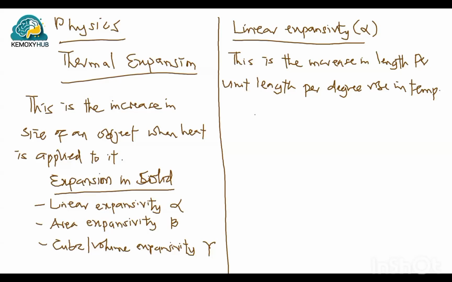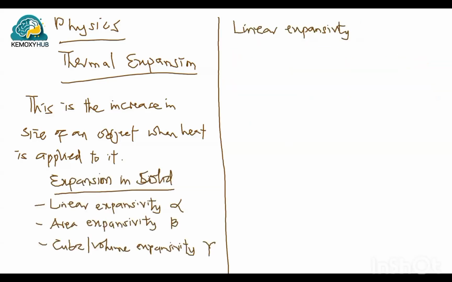That means linear expansivity alpha is equal to change in length per unit length per degree rise. Let me write it in English.